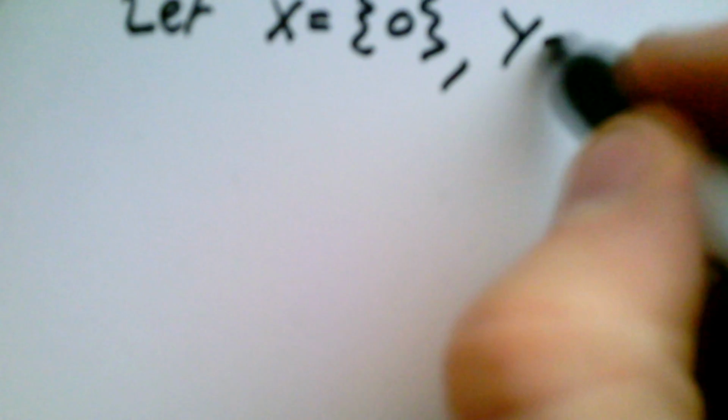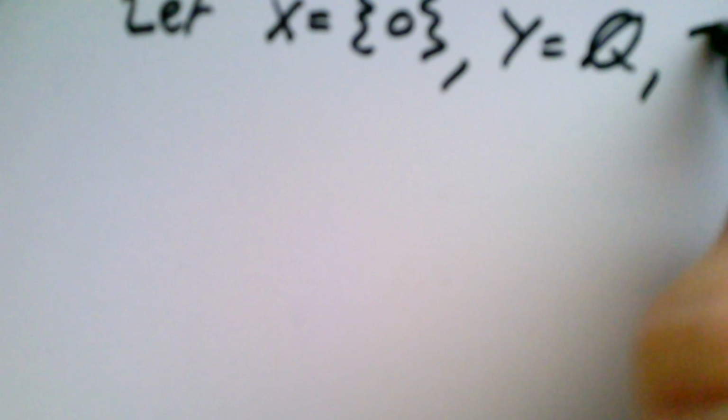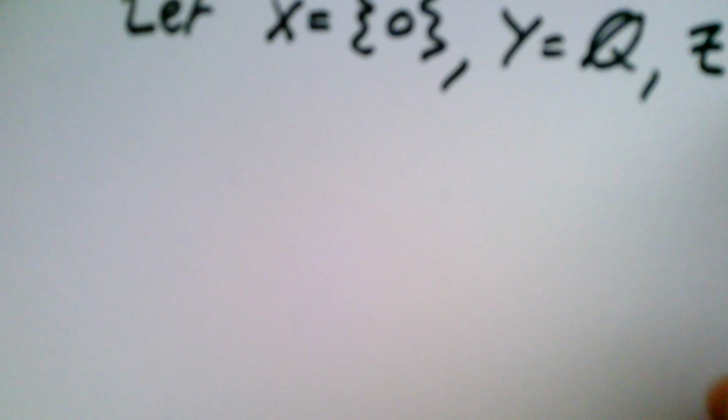But I claim that we do not get this for non-Baire spaces. So this is a very concrete example. Let X equal a single point 0, Y equal Q, and Z equal the integers.